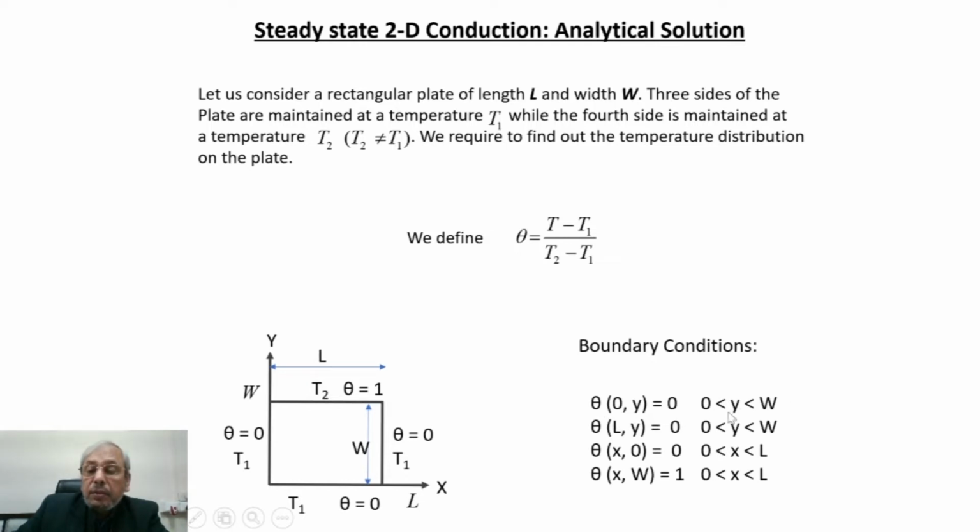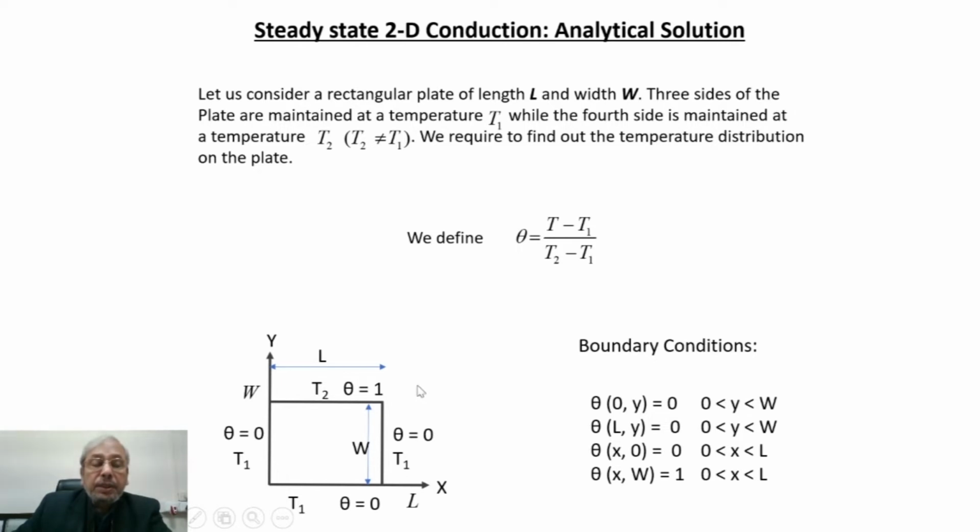Theta 0, y between y equal to 0 and W, theta L, y equal to 0 between 0 and W, theta x, 0 equal to 0 between x, 0 and L, theta x, W equal to 1 between x, 0 and L. So left hand side 0, bottom side 0, right hand side 0, top side 1.